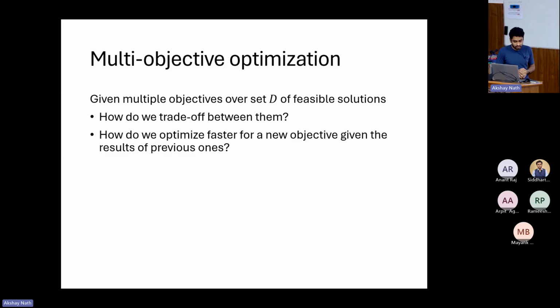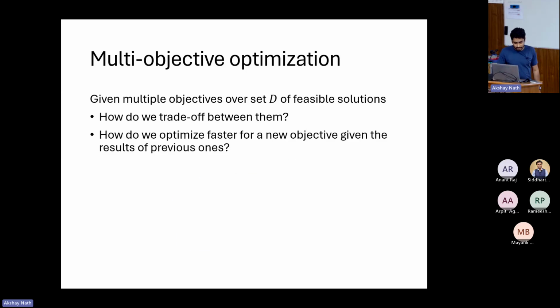But when you're given multiple objectives, which can happen in many settings, how do we trade off between them? What does it even mean to trade off between them? And the second is, given that you already know the optimal or the approximate solution for a given objective, and you're given a new objective, can you warm start the first one, and can you basically achieve the new optimal faster?